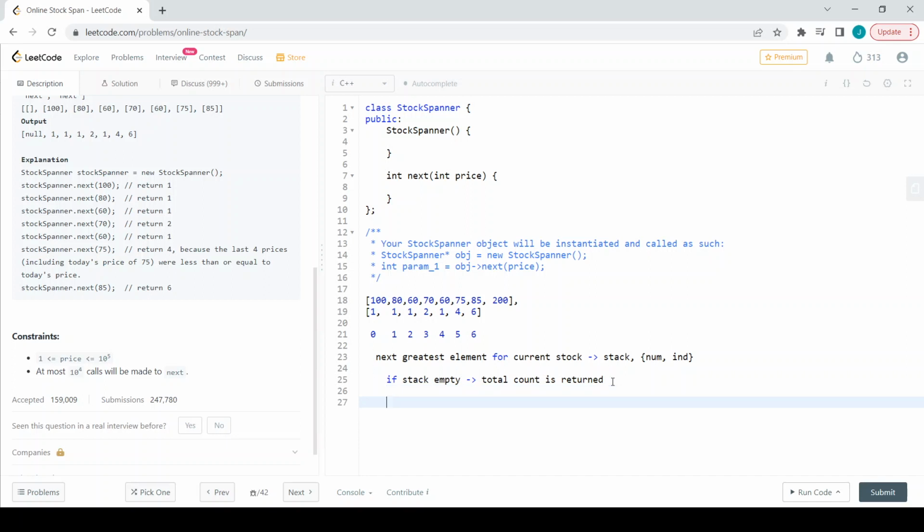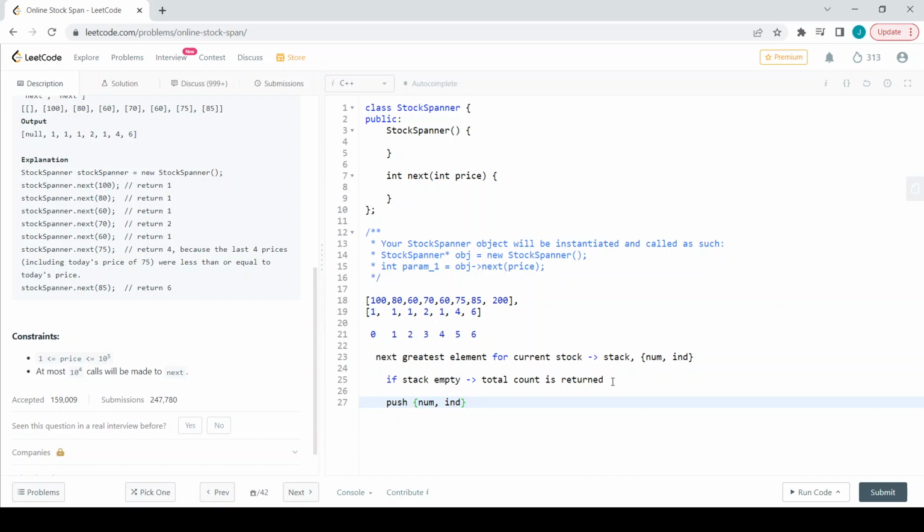First we can see if the stack is empty. If the stack is empty, we can just return the total count, and push the number comma index.